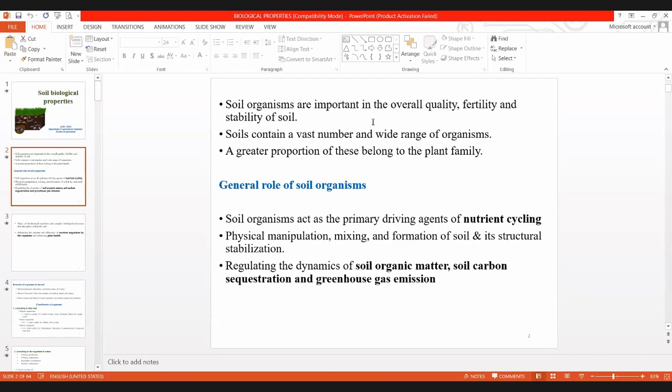Diversity of soil organisms. Diversity of soil organisms. Other things?